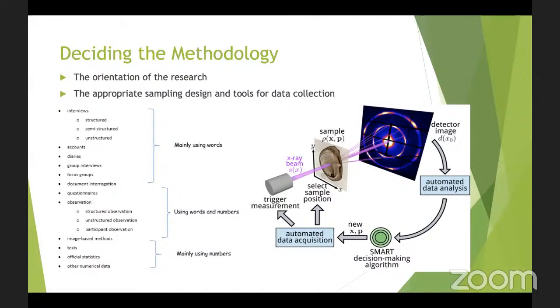Now, the next step is deciding the methodology. There are two aspects in developing the methodology. The first is deciding the orientation of your research. Now, what does this mean? This means deciding if the present research needs a qualitative or quantitative methodology, or even a mix of both.